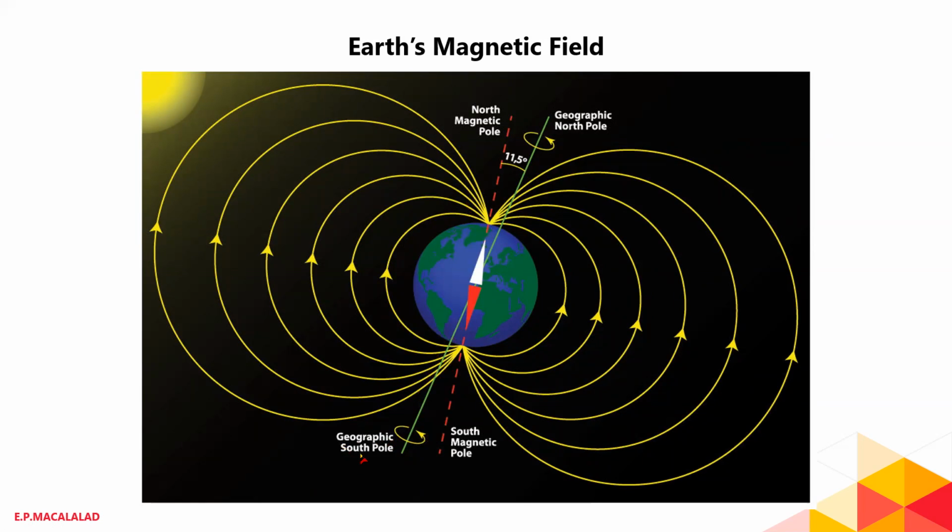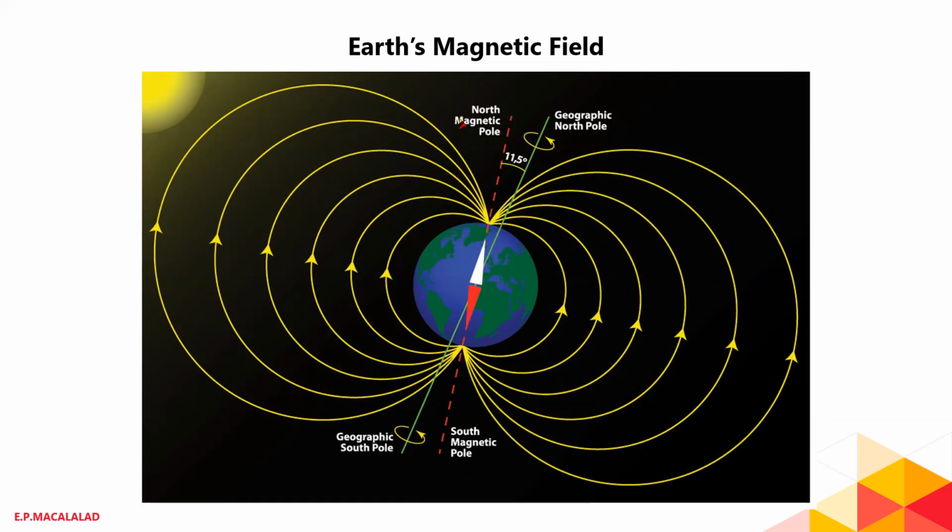Okay, actually, a correction should be made, because by convention the magnetic field lines should go from the magnetic north pole towards the magnetic south pole.